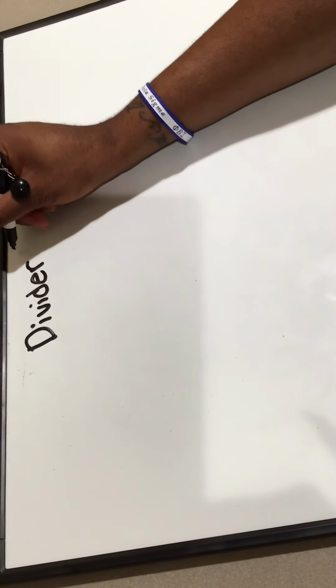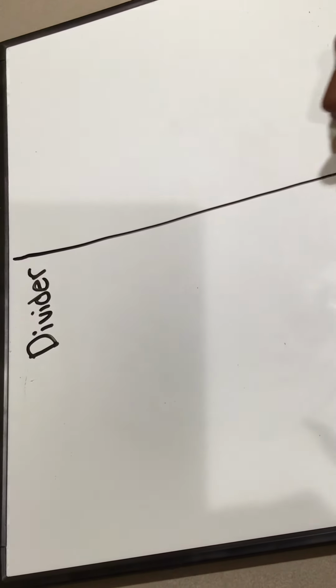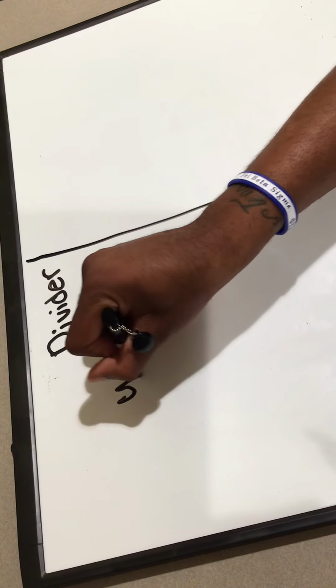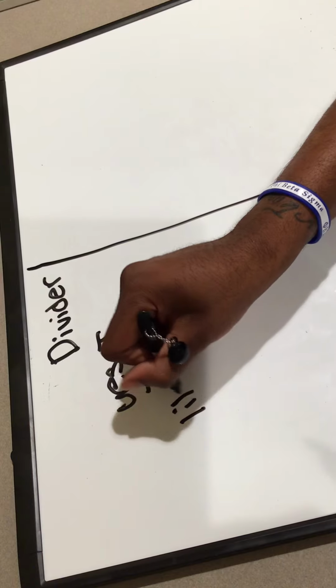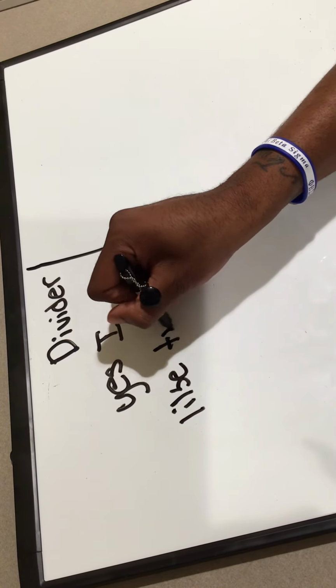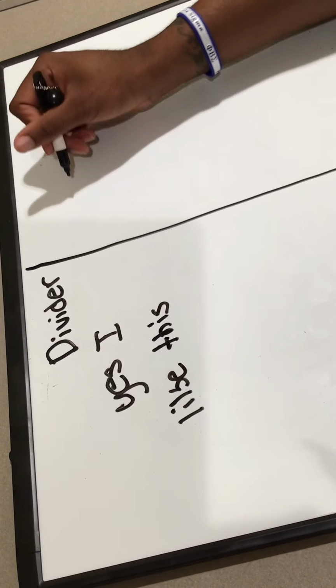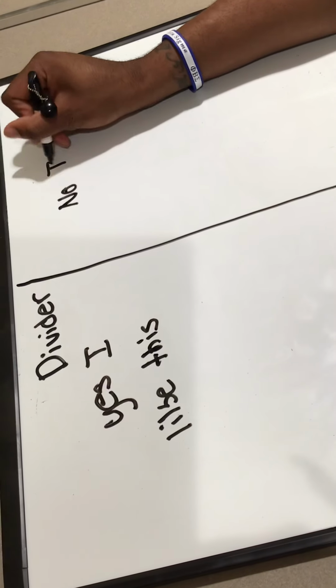And for this one to be complete, you draw a line down the middle of the board and you separate it with yes, I like this, and no, I don't.